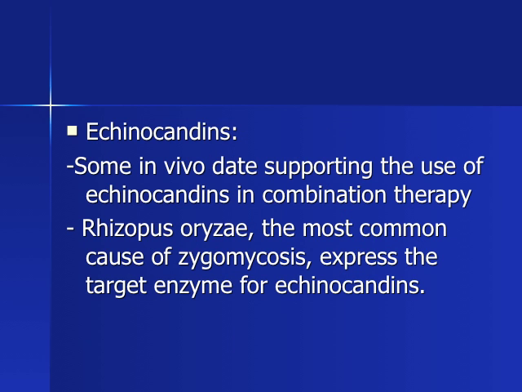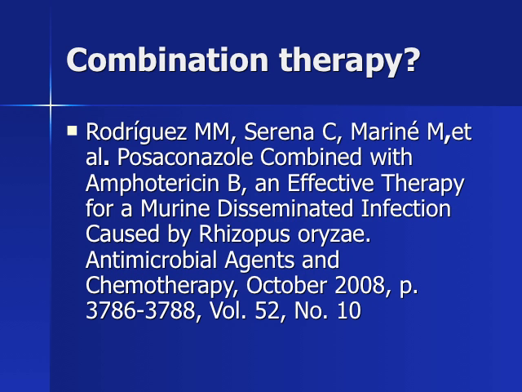In vitro data saying that echinocandins may have some activity and may be used in combination therapy. Again, no prospective data. And Rhizopus may have the enzyme that's the target for echinocandins. More data in combination therapy. Posaconazole combined with amphotericin in murine samples.